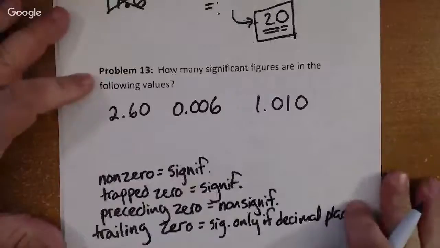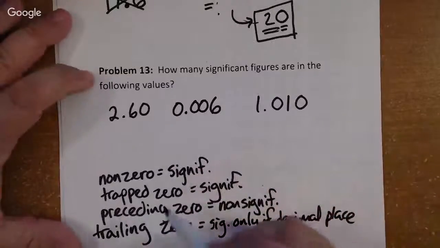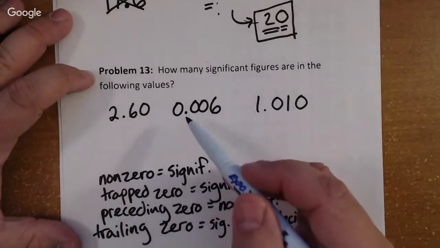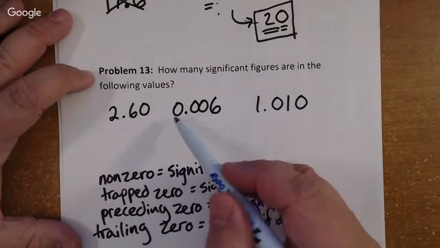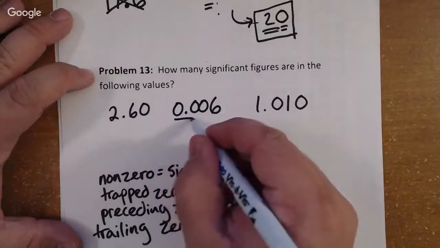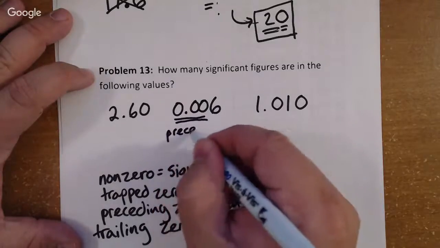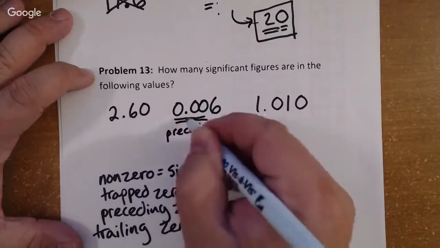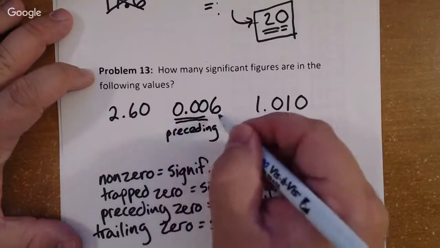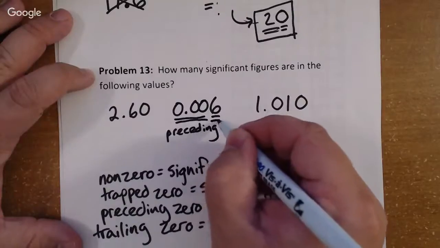Okay, so these are our rules. A quick note: preceding and trailing zeros have nothing to do with where the decimal place is. So all three of these zeros right here are preceding. They don't precede the decimal place, they precede the first non-zero number, the 6.